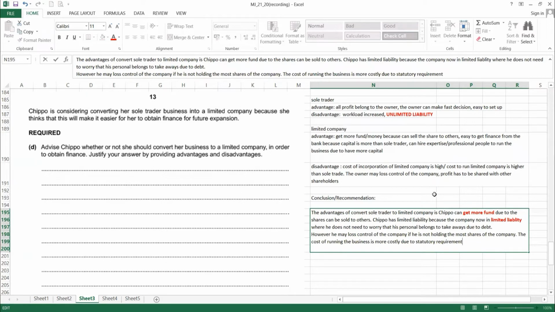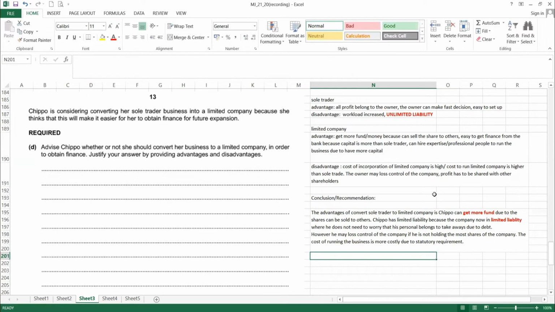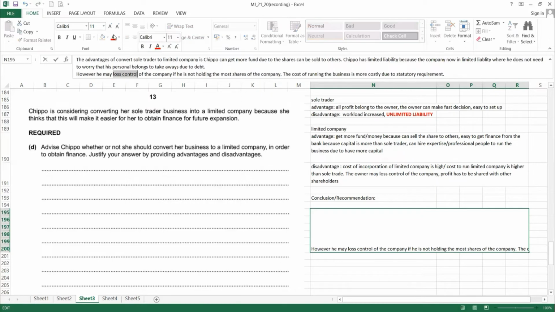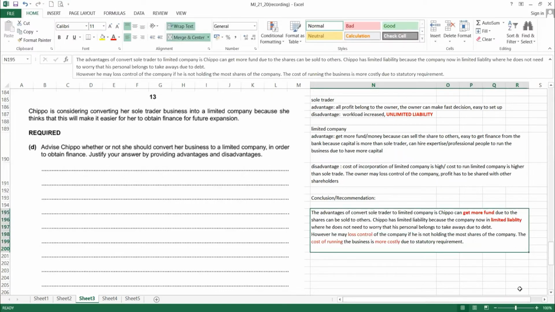That means you have to pay the auditor, you have to pay the tax agent, you have to get the professional accountant to do the accounts. That's all the cost due to the statutory requirements. So 2 marks basically should be enough to cover already. Okay, so the key for the disadvantage is loss of control and the cost of running is high, more costly. Okay, so those are the 2 disadvantage points we have given now.